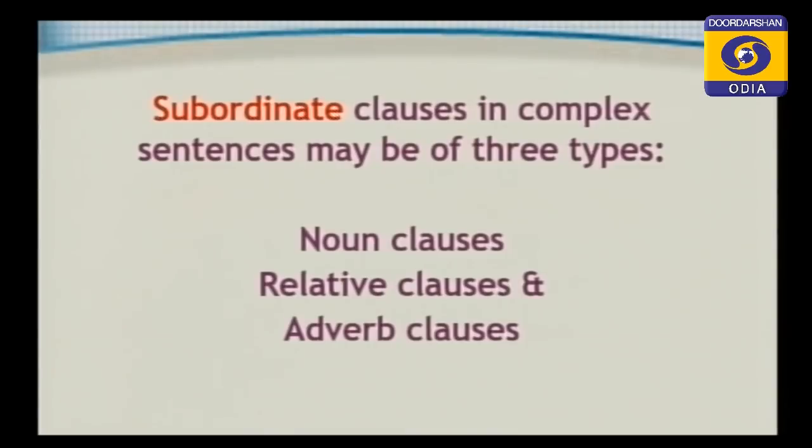And subordinate clauses in complex sentences may be of three types: noun clauses, relative clauses, and adverb clauses. We have already taught you noun clauses. What a noun clause is and how noun clauses function in a sentence, we have already given you in detail. Today we are going to describe more about relative clauses.